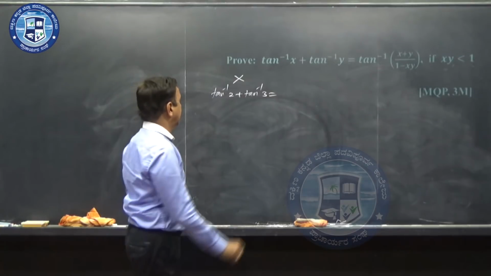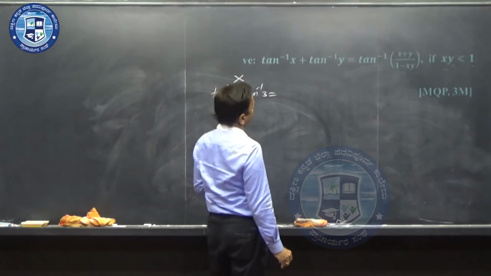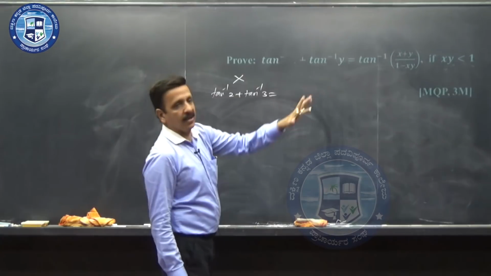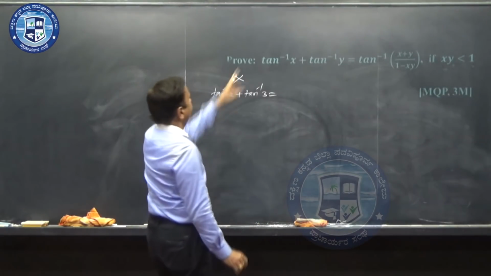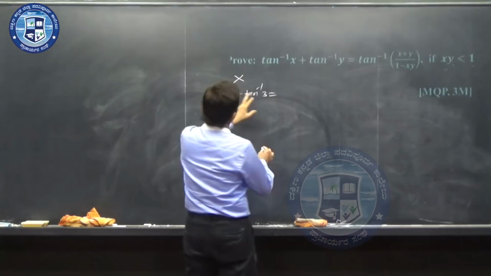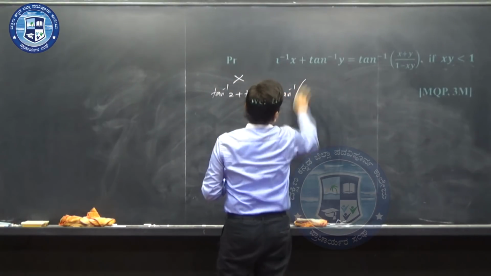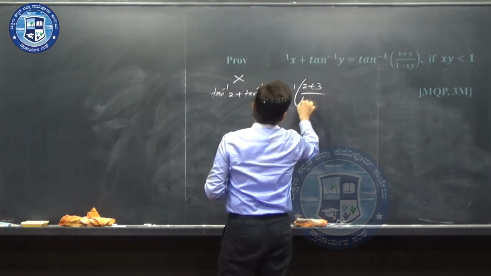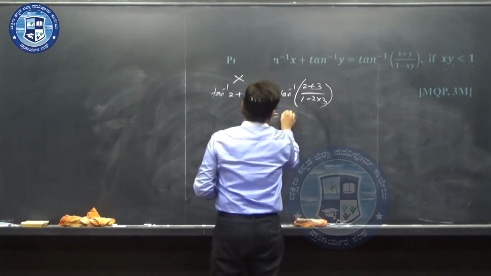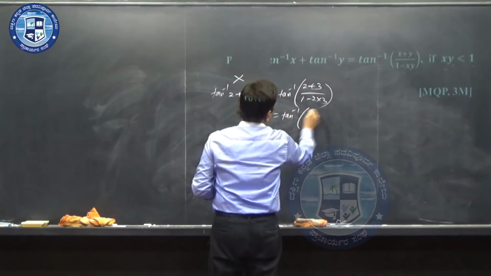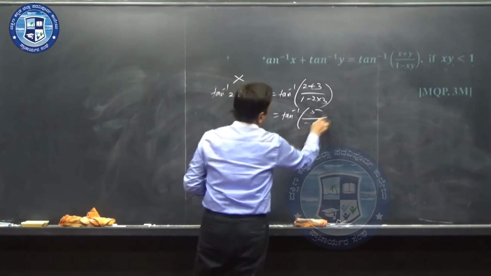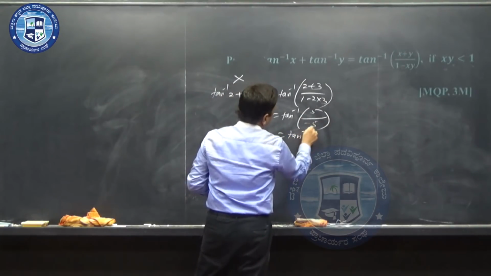If you directly use the formula tan inverse x plus tan inverse y, then it will become tan inverse of 2 plus 3 divided by 1 minus 2 into 3, that is equal to tan inverse of 5 divided by 1 minus 6 is minus 5, that comes to tan inverse of minus 1.